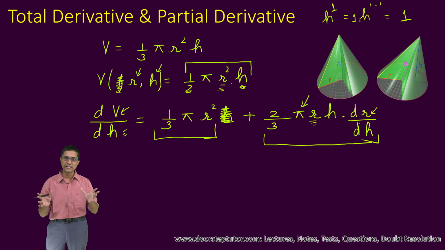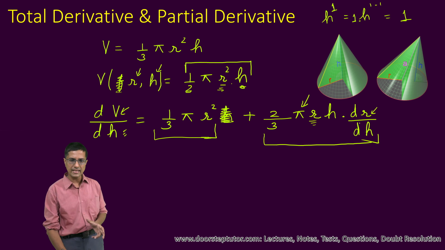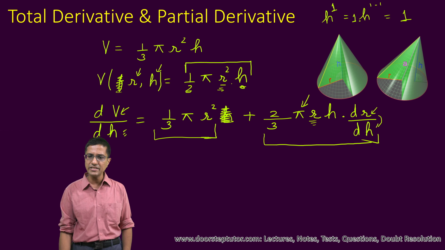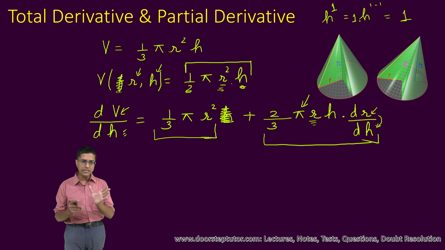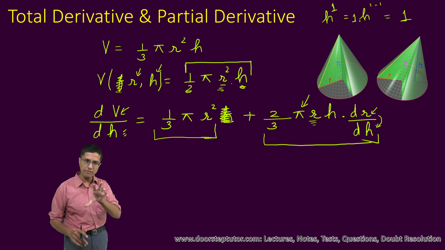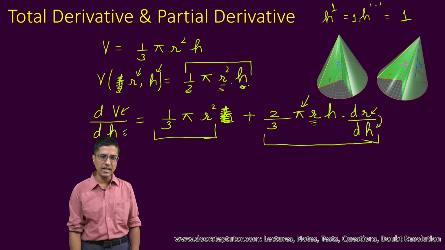We have multiplied it with that term, and this gives us the rate of change of the volume with respect to r, where r is in turn changing with respect to h. This is what the complete differentiation signifies when we have a function of two variables, r and h.